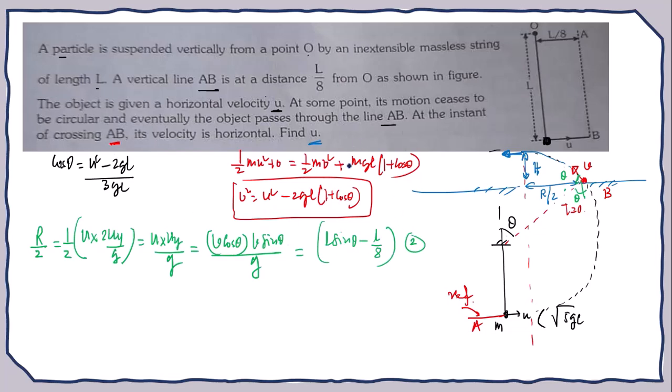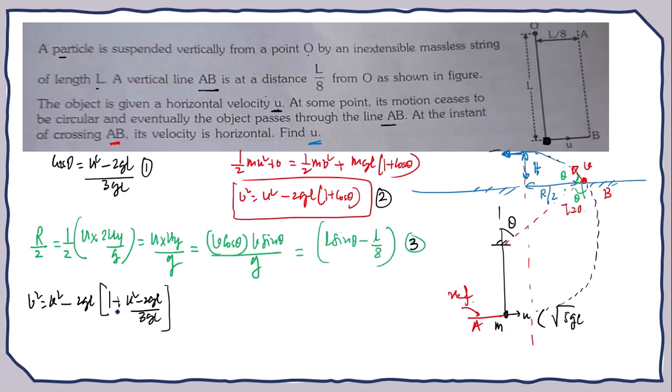So if I substitute the cos theta from equation number 1 into equation number 2, let us use equation number 3. So I substitute equation number 1 into equation number 2. So I am getting V square equals how much? U square minus 2gl into (1 plus cos theta). So that is 1 plus (U square minus 2gl) by 3gl. Okay.